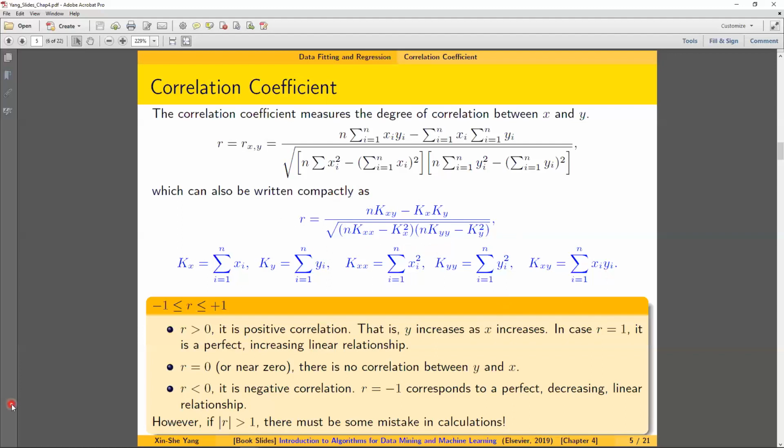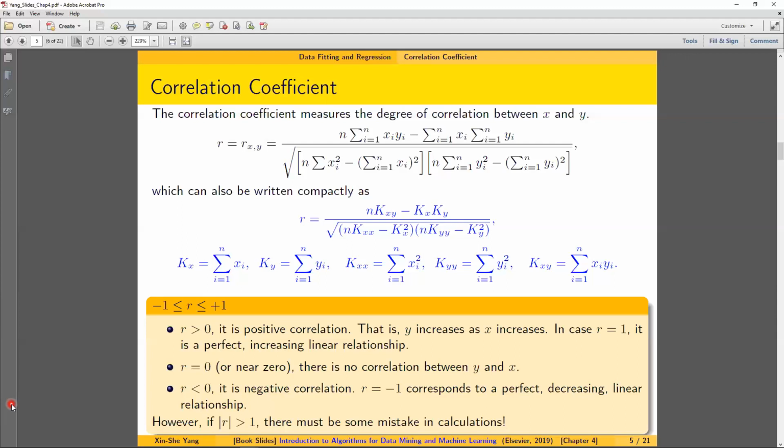The correlation coefficient should be between -1 and +1, because this is essentially a linear correlation coefficient. If it's larger than 0, we call it positive correlation. That is to say, when x increases, y would increase as well.